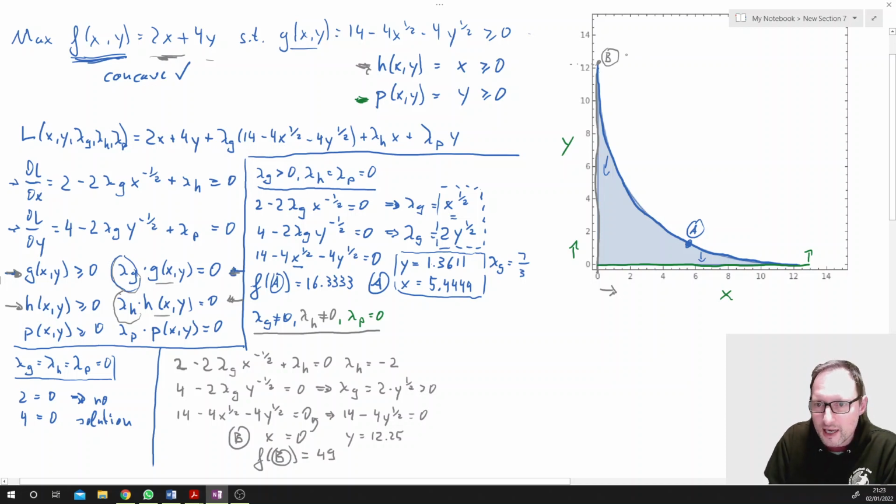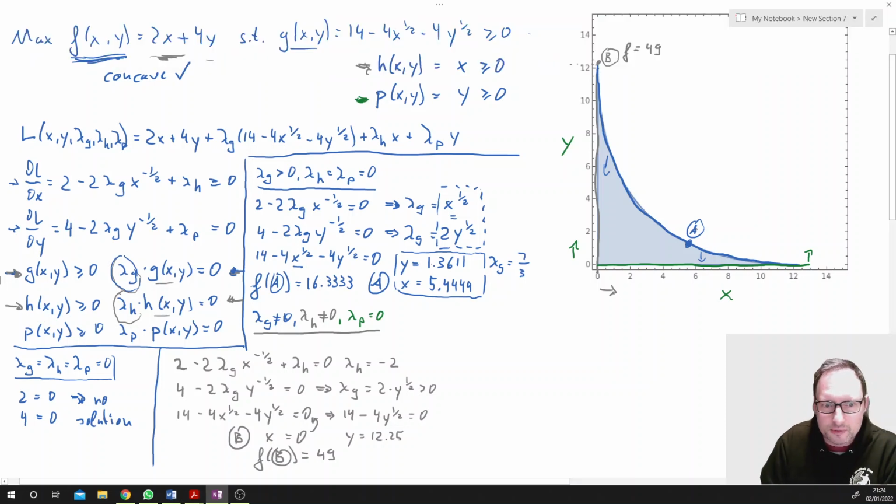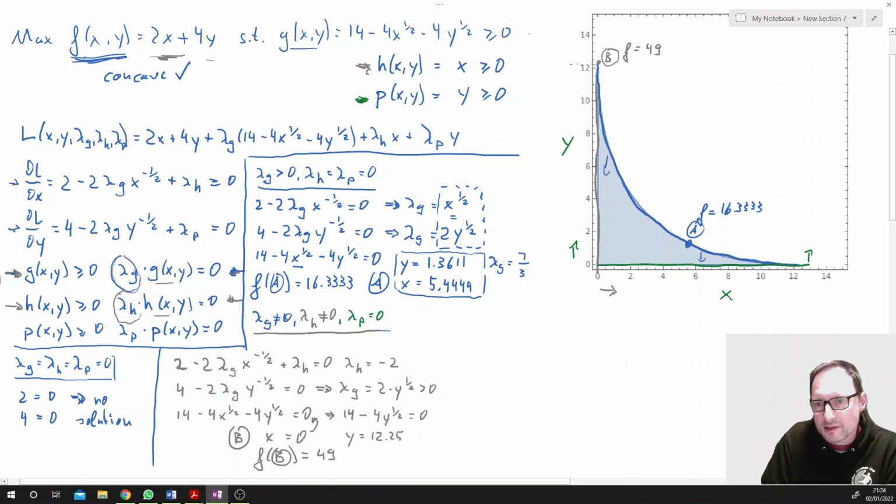So let's add that here. The function value at this point is 49. The function value at point A was, where do we have it, 16.333. And so we already know from calculating that point B is superior to point A. It has a higher function value.